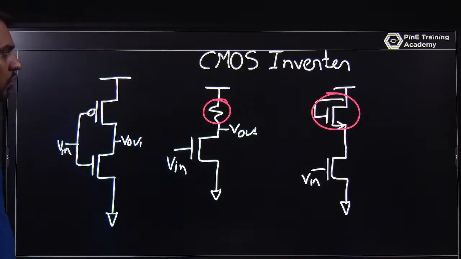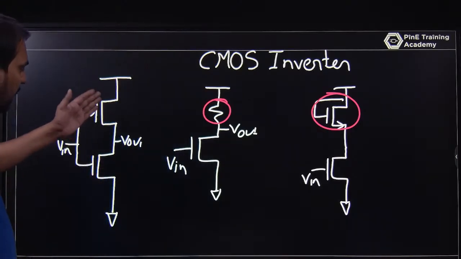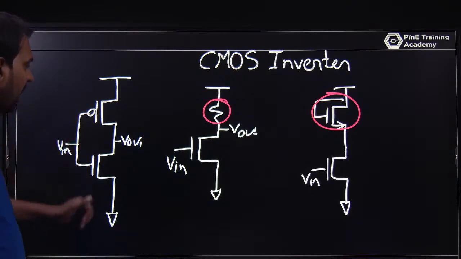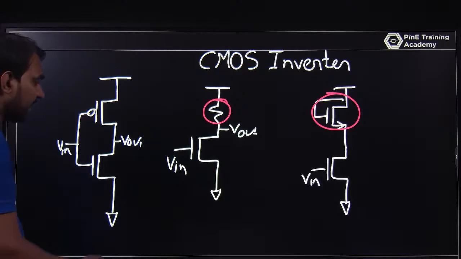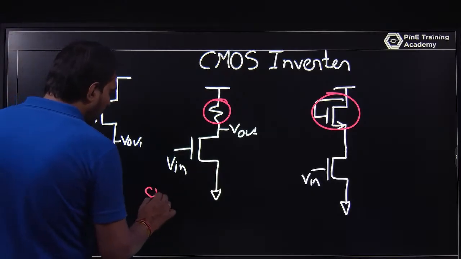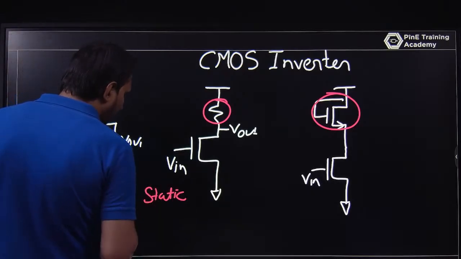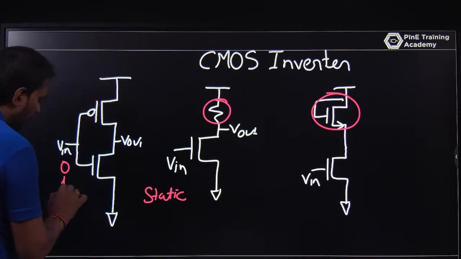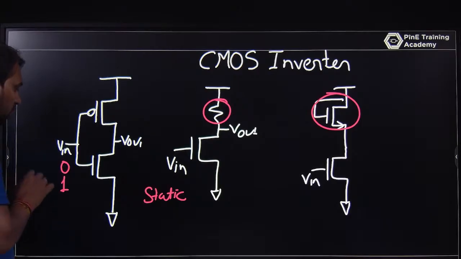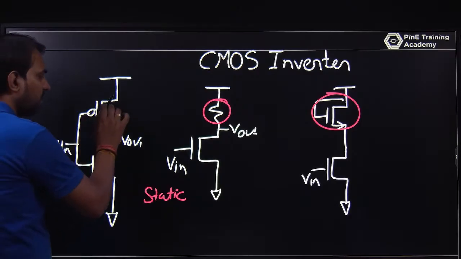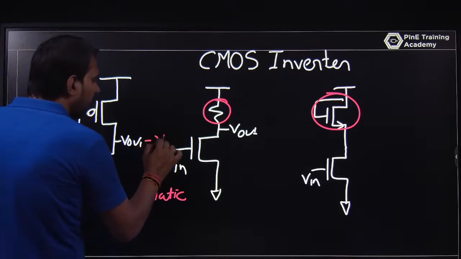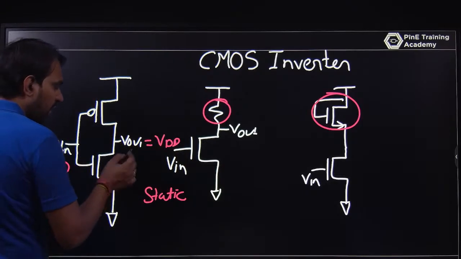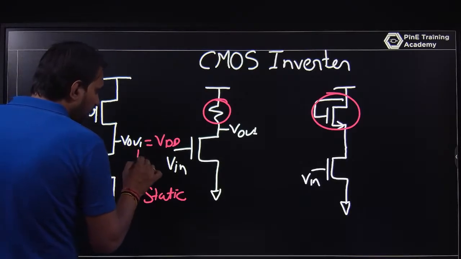The complementary metal oxide semiconductor field effect transistor has a better idea in terms of static behavior. Take the static input as 0 volt or 1 volt, logic 0 or logic high. If it is 0, the PMOS is on and the output will be the maximum voltage VDD. If it is 1, the NMOS is on, the capacitor will discharge, and Vout will be 0.